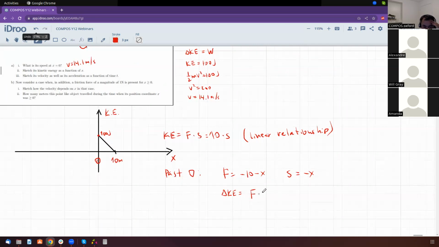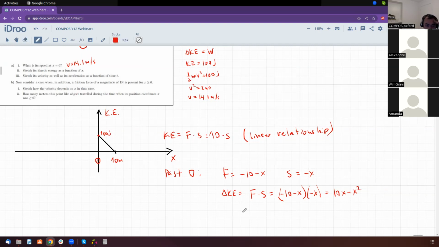So it's force times s. So it's going to be (-10 minus x) multiplied by minus x. So it's 10x minus x squared plus 100, because at 0 it has 100. No, sorry, that's the change in kinetic energy.